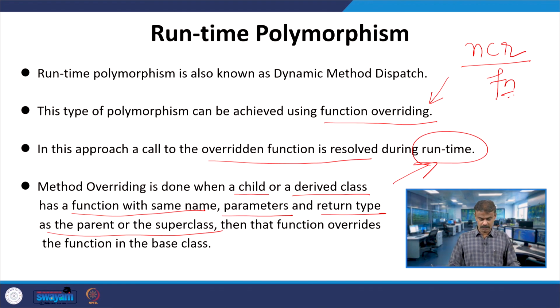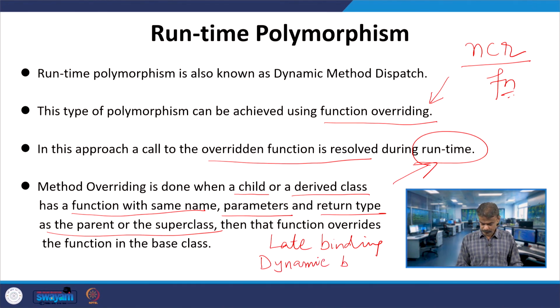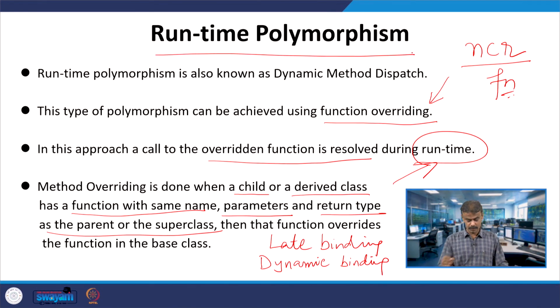It is also called late binding, and you can also call this dynamic binding. These are the other names of runtime polymorphism, whereas in the case of compile time polymorphism we studied early binding and static binding. So you can call it runtime polymorphism, late binding or dynamic binding.